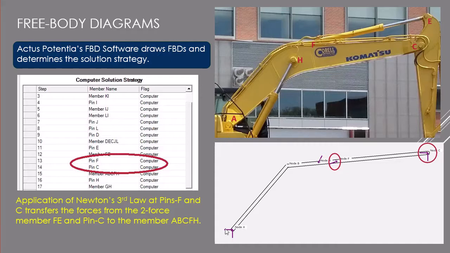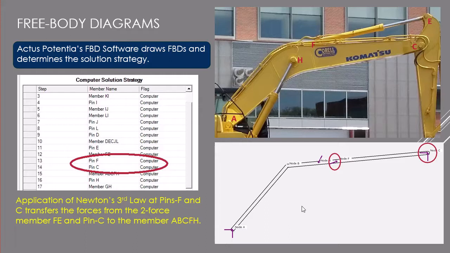So in this free body diagram, we have three unknowns. The two forces coming from the pin at A, and at node H, we have another hydraulic cylinder connected, but the hydraulic cylinder is a two-force member, so the force at node H is along the hydraulic cylinder.